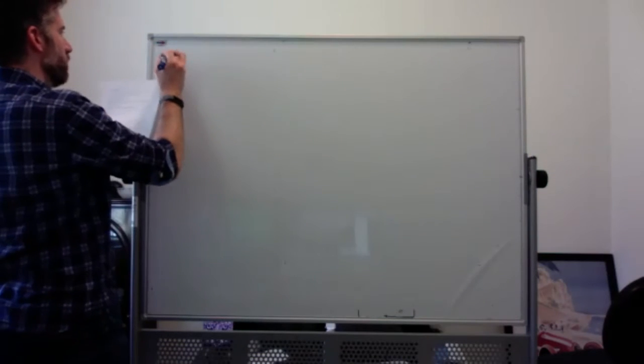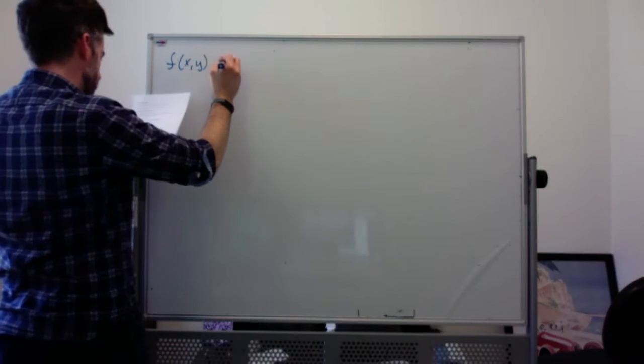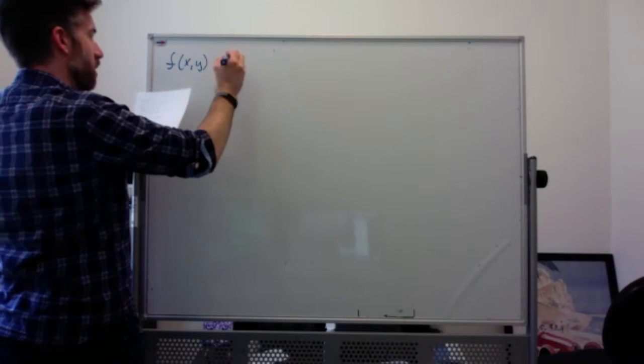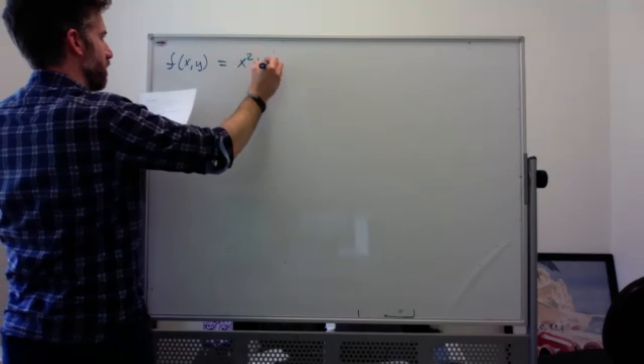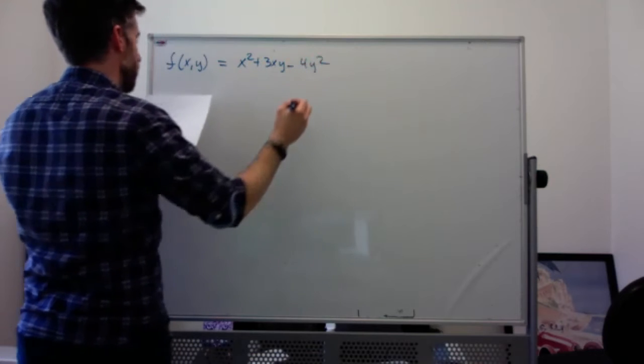So for the function f of x, y equal to, what do I got here? Oh, sorry. x squared plus 3xy minus 4y squared.